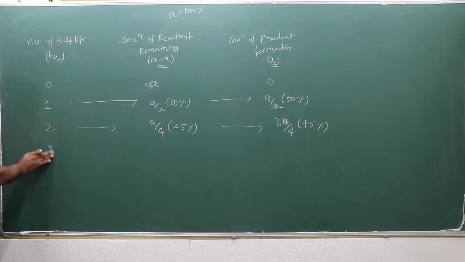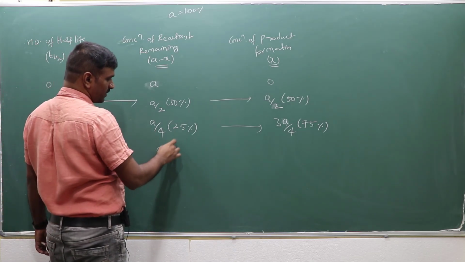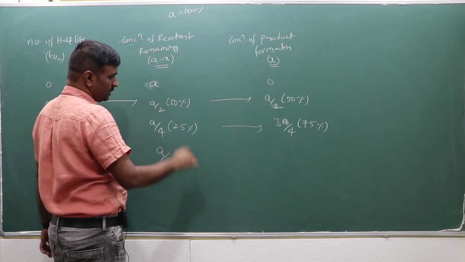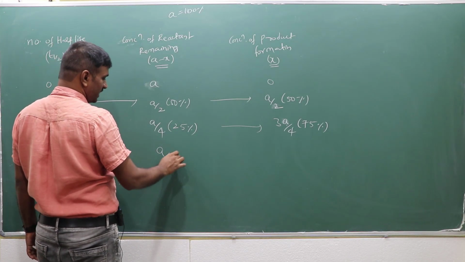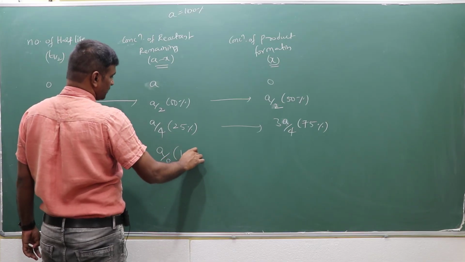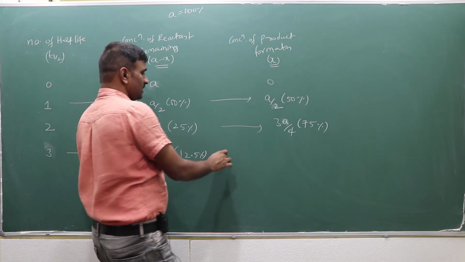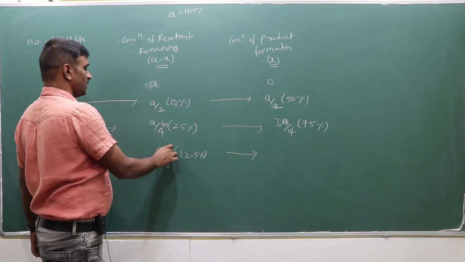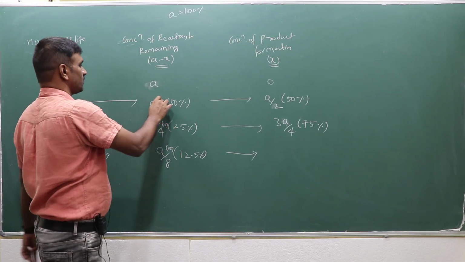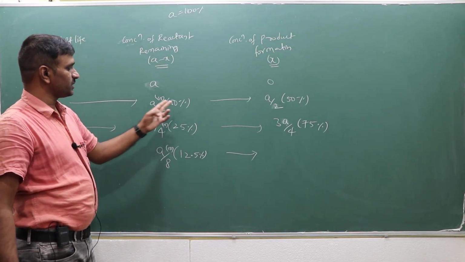If the number of half-lives is 3, how much is it going to be? Again half, 12.5. So that means here it is A by 8. If A is 100%, that is 12.5%. A by 8 is 12.5%, A by 4 is 25%, A by 2 is 50%.